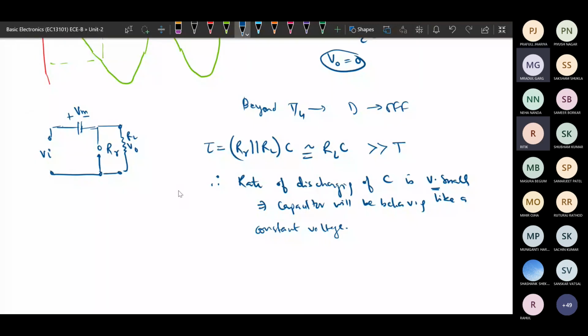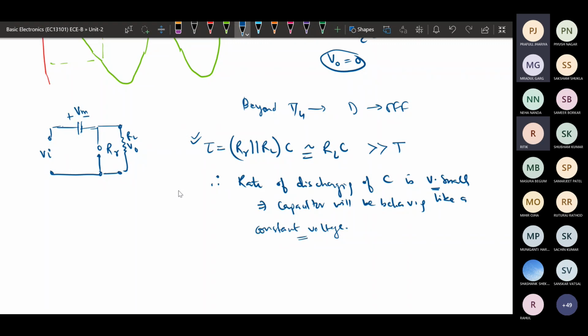Okay, so as the diode is reverse biased, the time constant will be very high, so the rate of discharging of the capacitor will be very less. That means it will be discharged by a very small value, so it will be behaving like a constant voltage source.